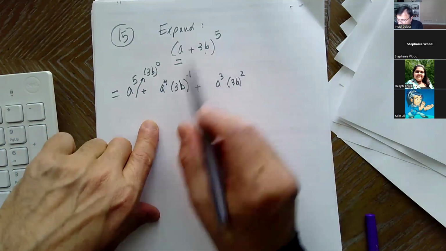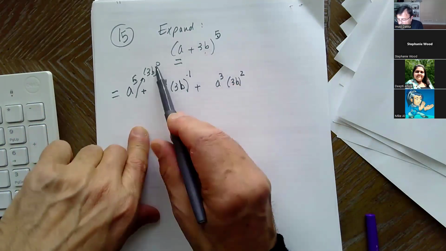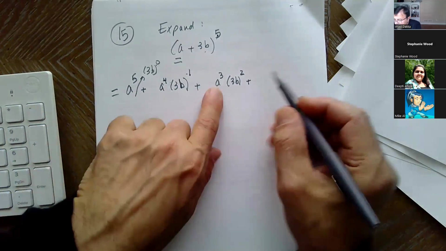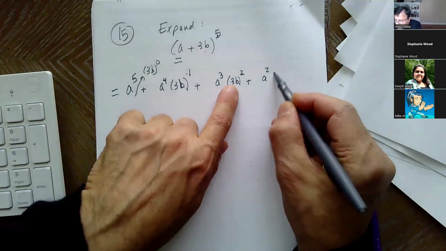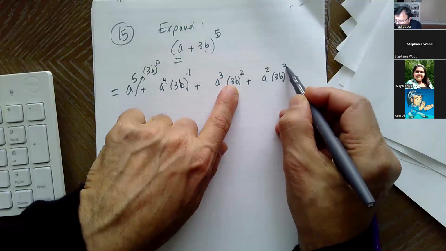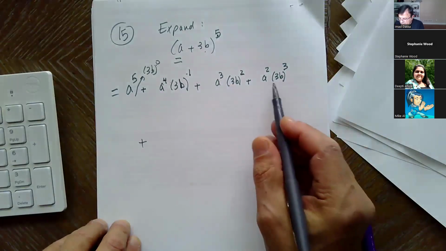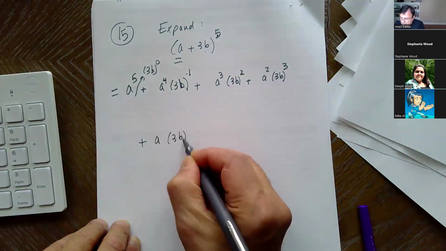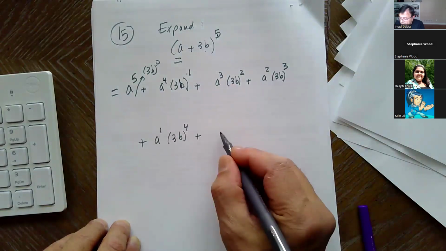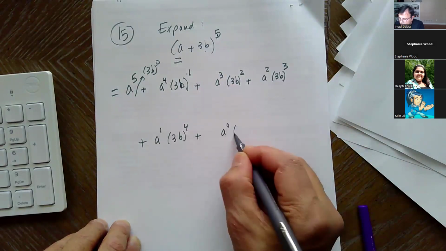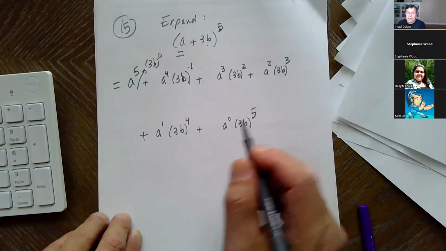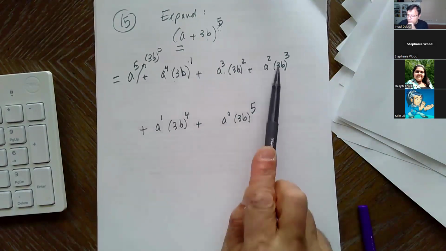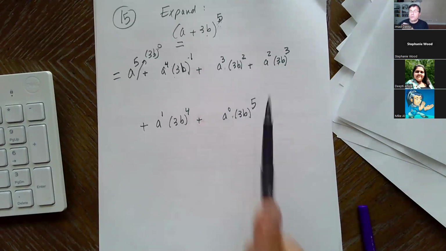Remember, these have to add up to the exponent. 5 plus 0 is 5. 4 plus 1 is 5. 3 plus 2 is 5. You decrease the a by 1 and increase the second term by 1. And finally, a to the 0, 3b to the 5th. And that's it. You should have one more term than the exponent: 1, 2, 3, 4, 5, 6. That's a 5, so we're good.